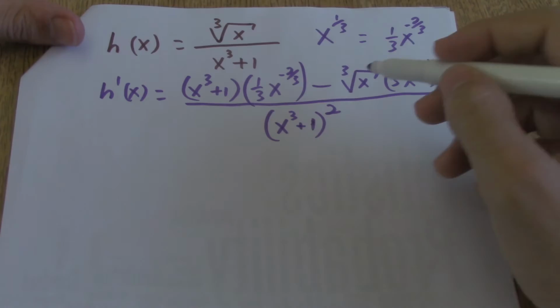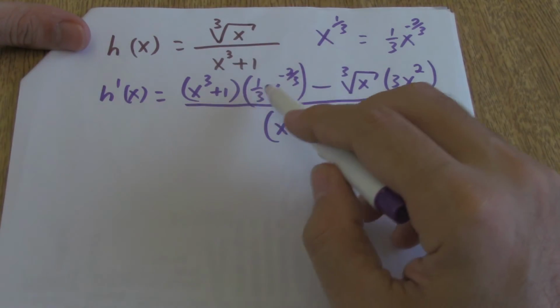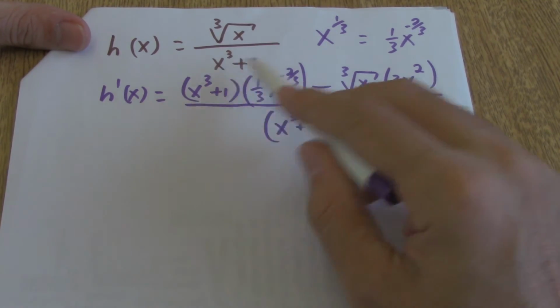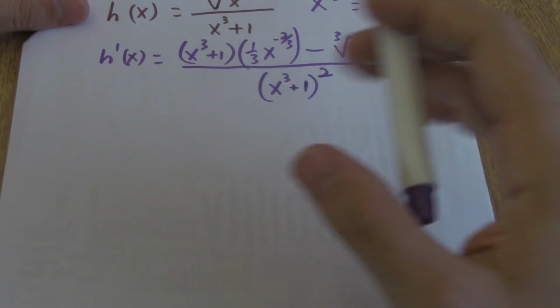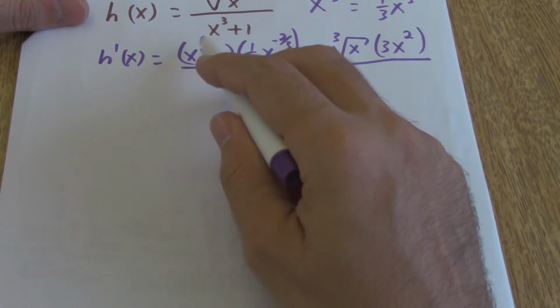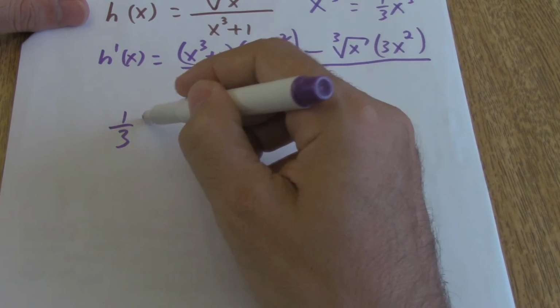Okay. Once we have this, what we do is work with the numerator. So I will multiply this times this and this times this. Basically, this is the distributive property. So we go through 1/3 of x raised to negative 2/3 times x cubed. That will be 1/3 x.